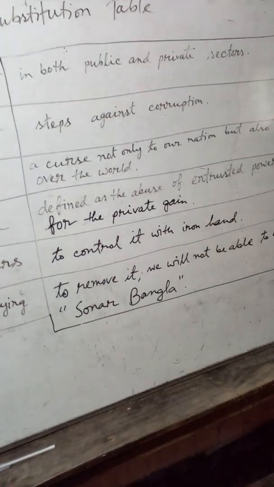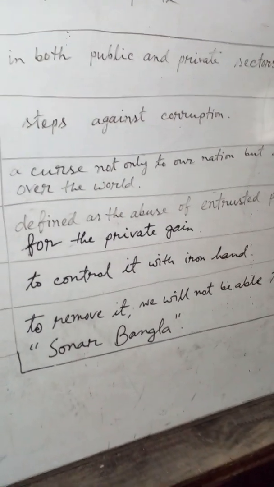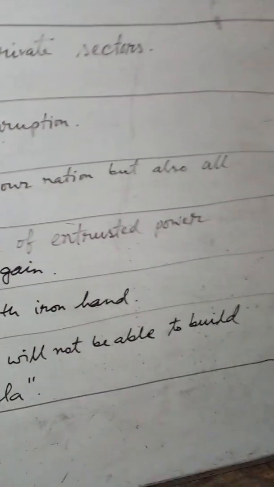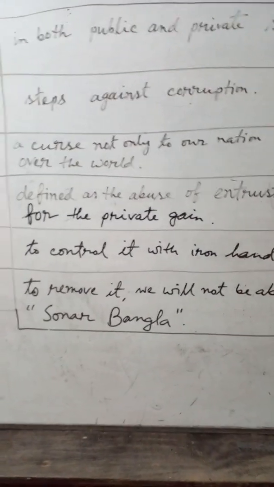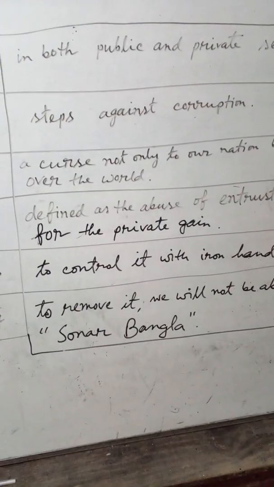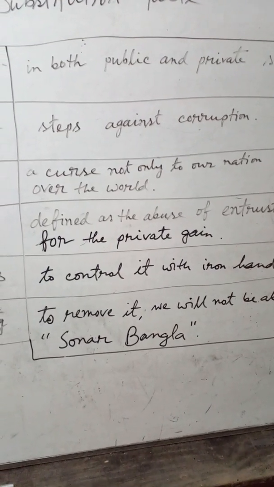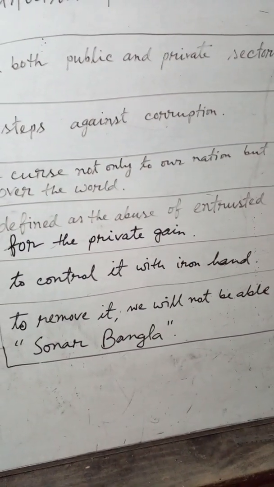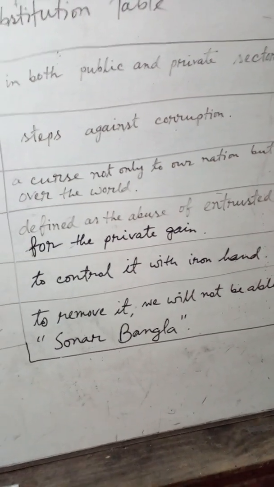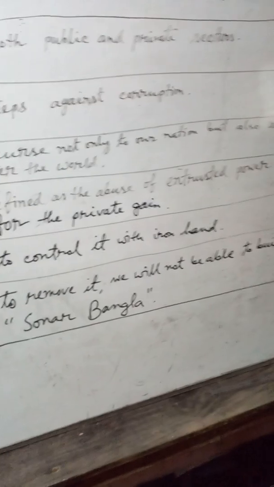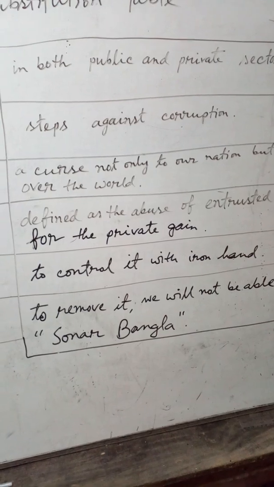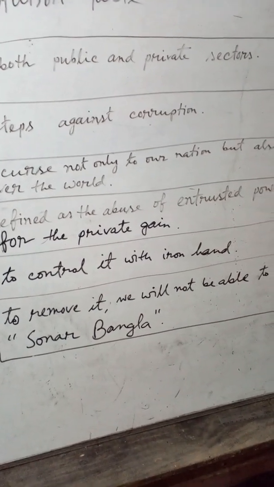And the fourth one is defined as the abuse of entrusted power for the private gain. I repeat, the fourth extension is defined as the abuse of entrusted power for the private gain. Okay? And the fifth part is to control it with iron hand.